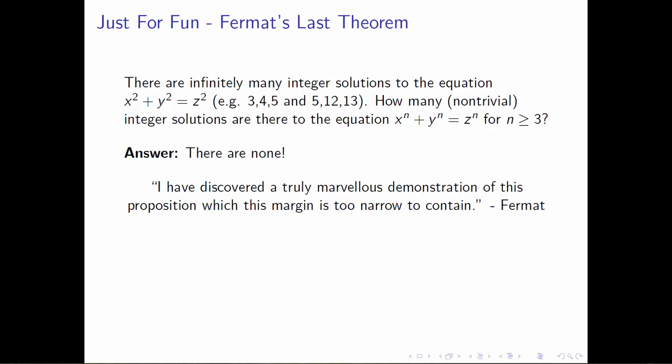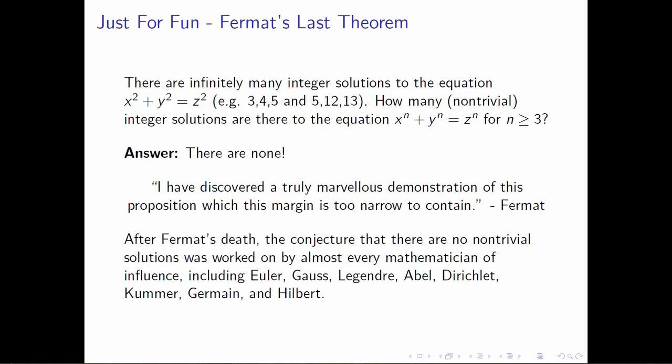But it seemed as though even if he said something was true and he didn't mark a proof of it down, people seemed to be able to come up with a proof later. And so when Fermat wrote something down and said, oh, this is true, there's a nice little proof of this, it was almost always the case that somebody would come along and say, yes, indeed, that is true, and they would find a nice little proof of this.